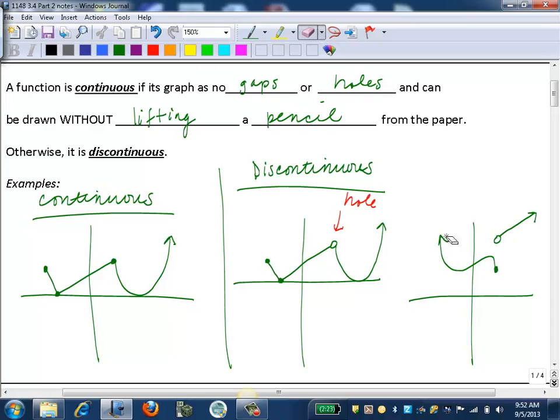So if I trace this from left to right, I would clearly have to lift my pencil here and jump up to this hole and then continue on infinitely to the right. So because of this gap here, this would not be a continuous function. This would be a discontinuous function.